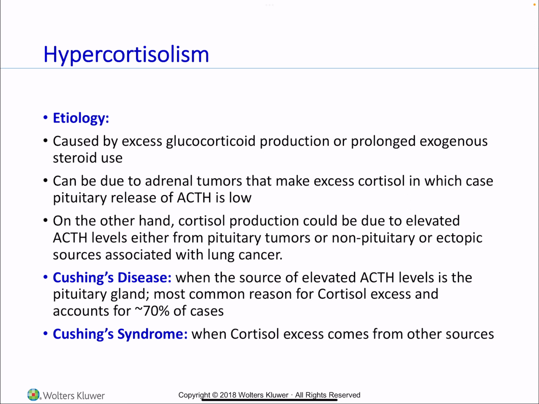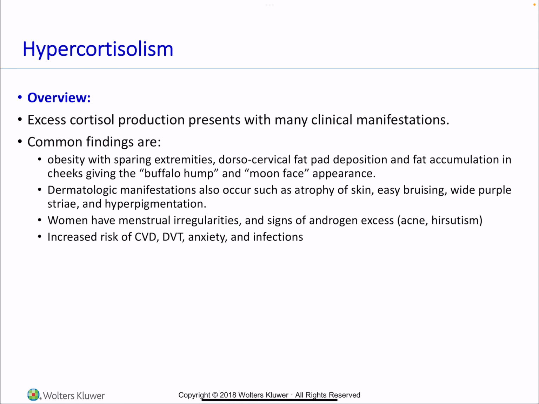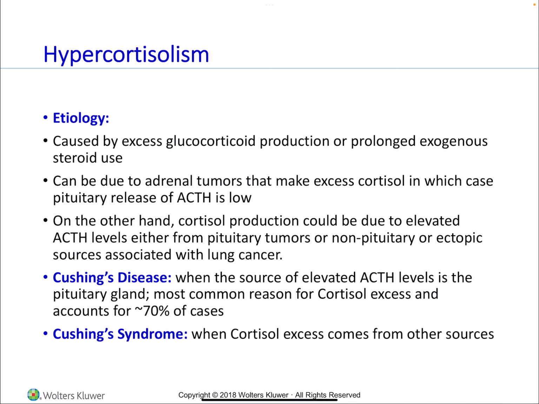So just to go back, hypercortisolism is caused by the overproduction of cortisol, which also signifies there's an overproduction of CRH, ACTH, and it could also be caused by an excess of adrenal glucocorticoid secretion and excess exogenous intake of cortisol.